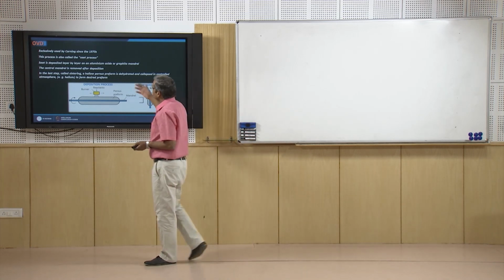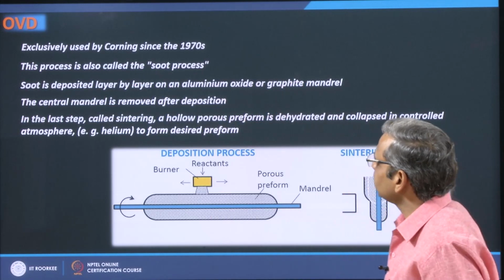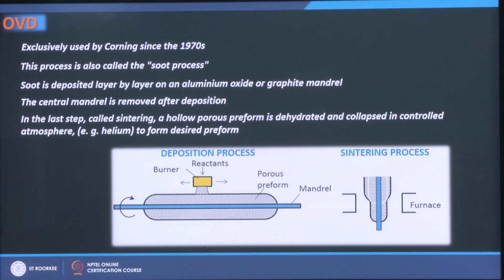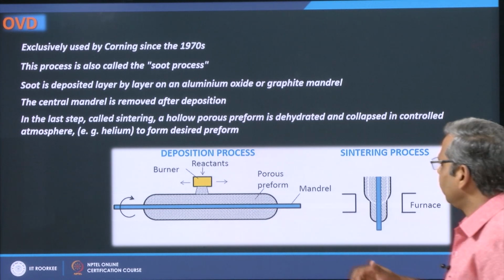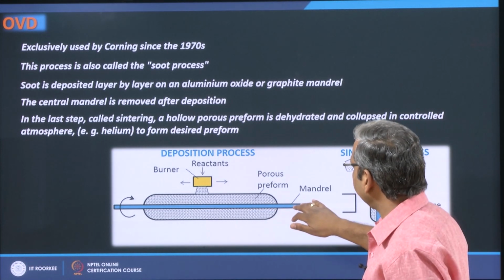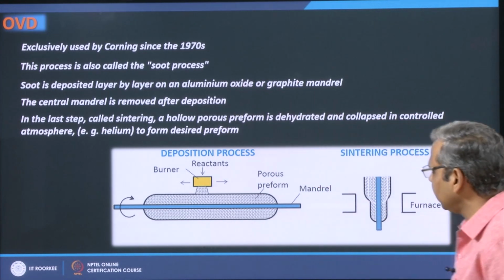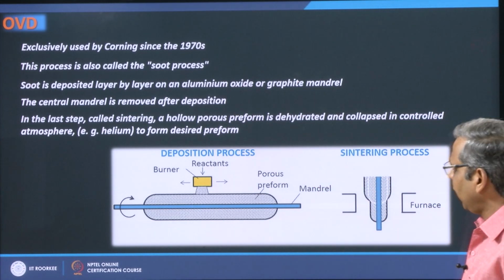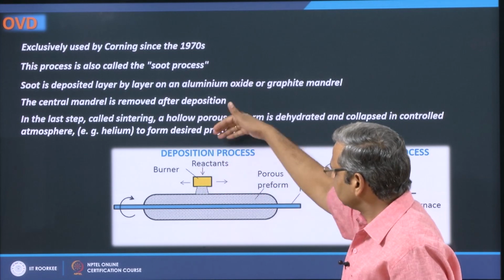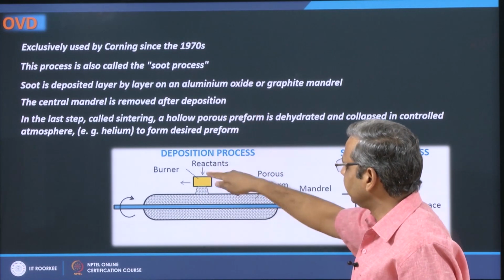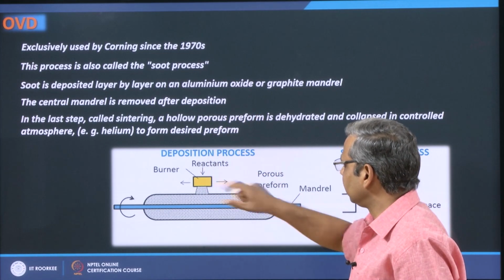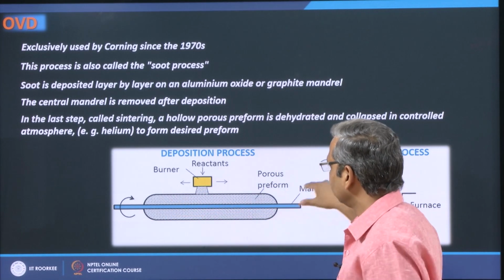So this process is also called the soot process. Here you have a central mandrel which is made of aluminum oxide or graphite, and you flow in the reactants from here and heat it up. There is a burner which translates.